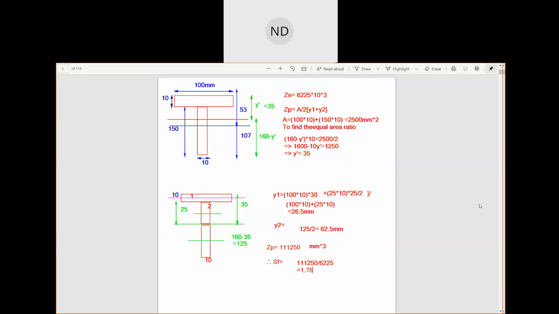So, the shape factor you have calculated for your T section, I section also you will be able to do.